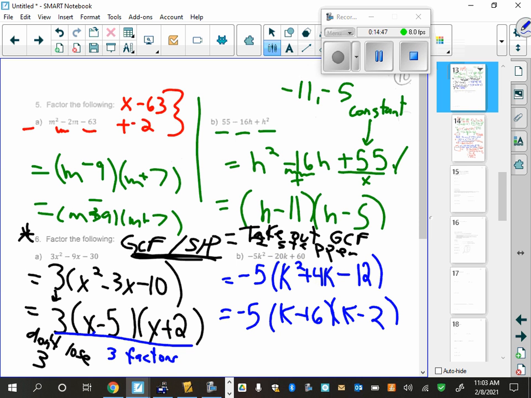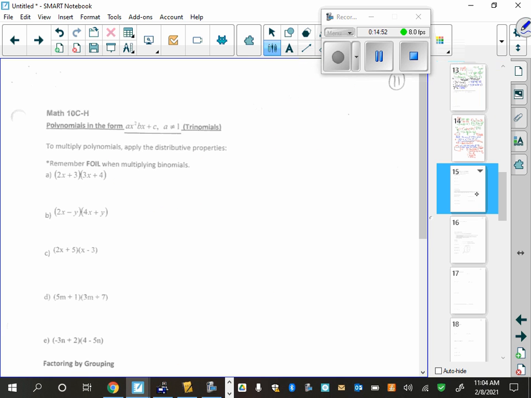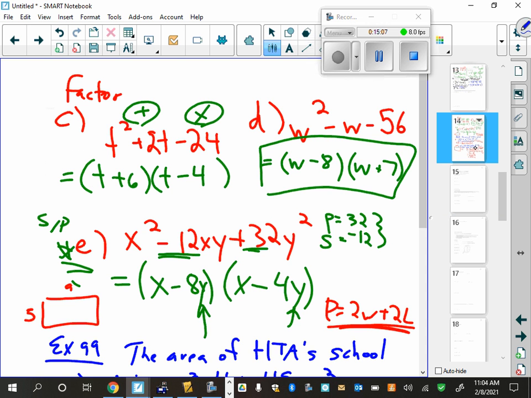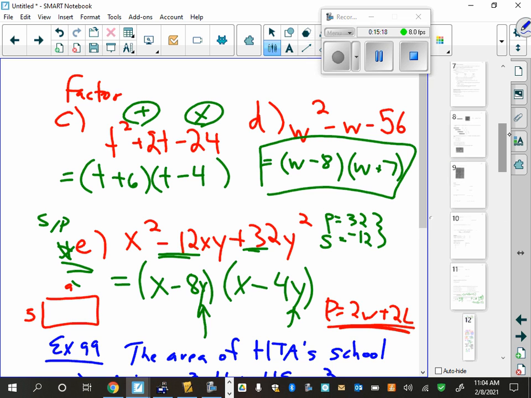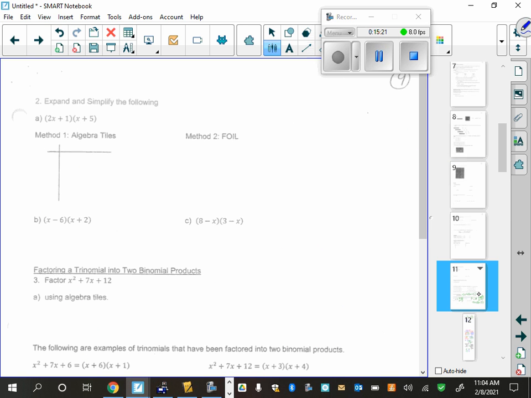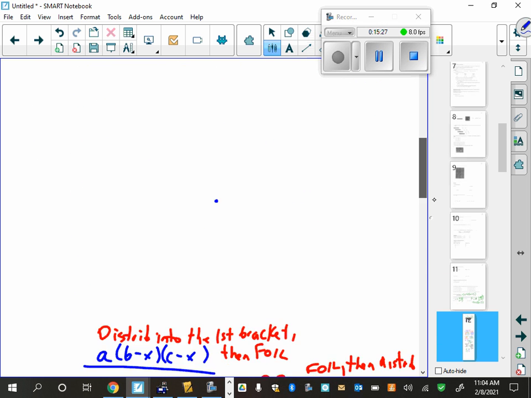Next. This one? Nope. It's actually number 6. So this is page, why can't I see it? Number 6, it should be this one. I'm confused. Number 6, algebra tiles, why am I missing a page? Good.